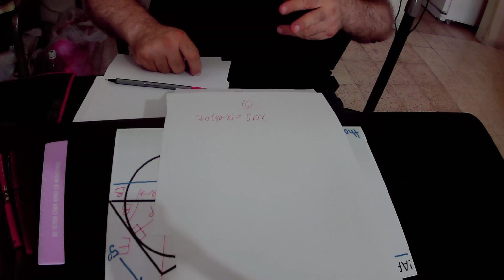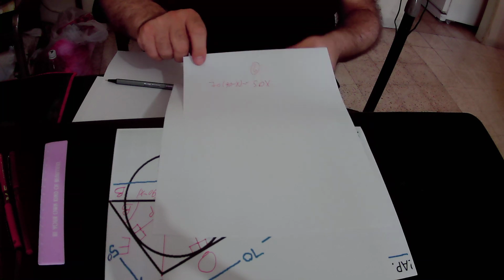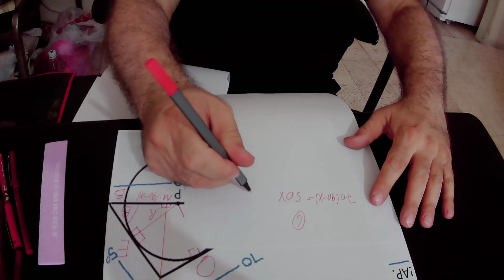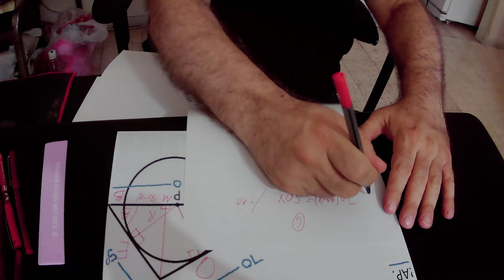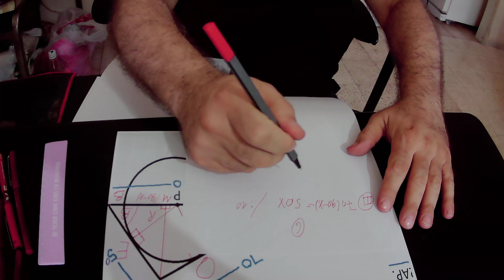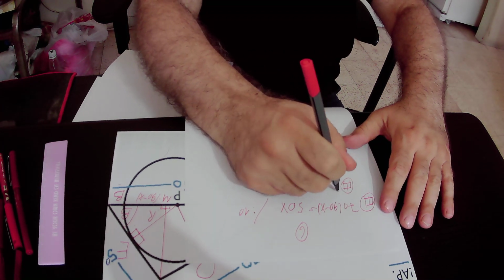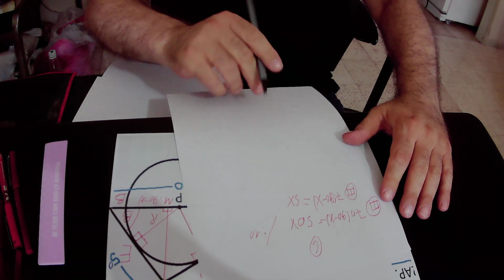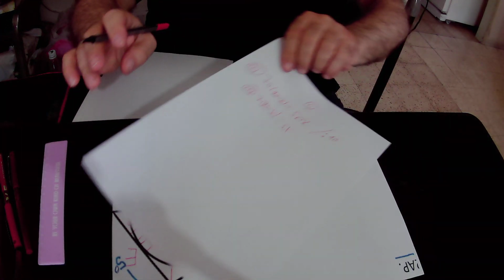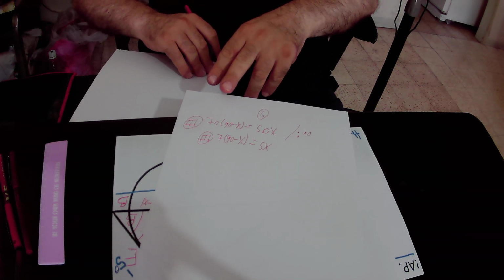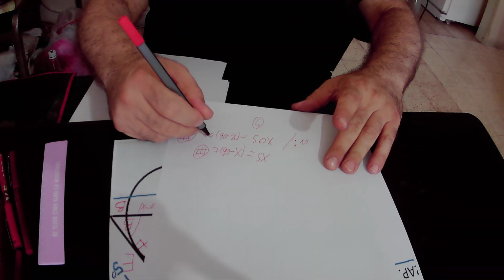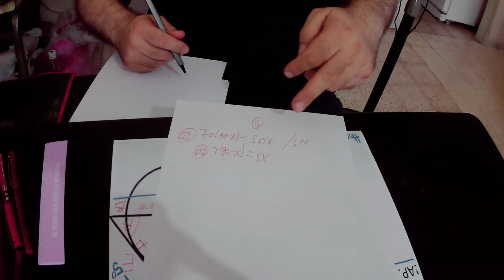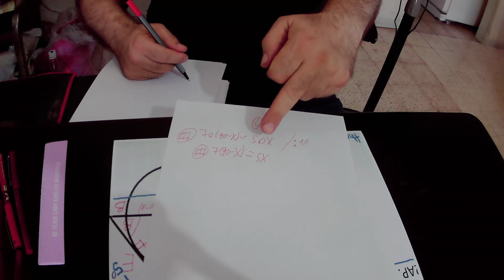Now we'll divide both sides of the equation by 10. So we divided both sides of the equation by 10. 70 divided by 10 equals 7, so it is 7 times (90 minus 6), and 50 divided by 10 equals 5, so instead of 50x it will be 5x.